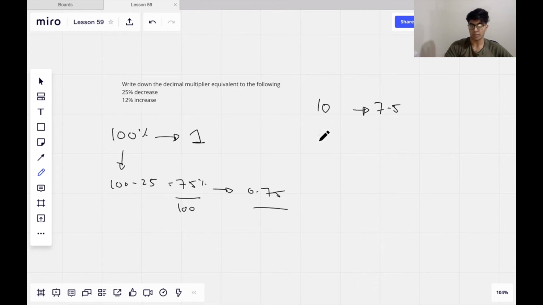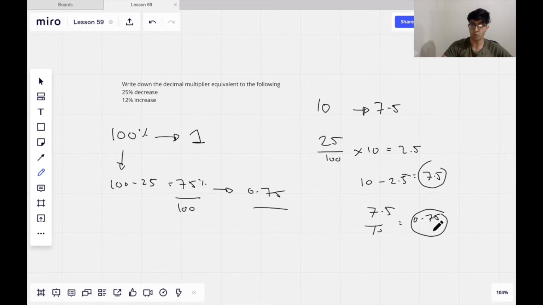We do 25 divided by 100 times 10, which is 2.5. This is a decrease, so we go 10 minus 2.5 and get 7.5. This is the new value. So 7.5 over 10 is 0.75. If we multiply the old value by this decimal, we get the new value. That's what the decimal multiplier means.